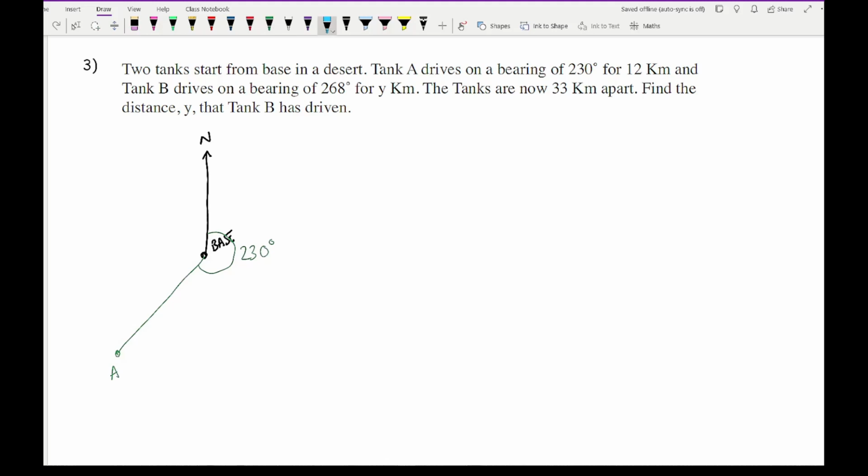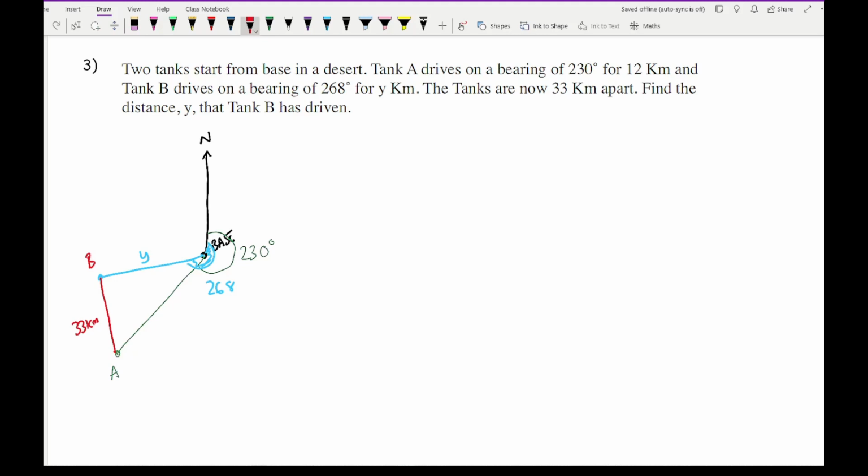So that's going to be pretty much there, and it's traveled y kilometers, and that angle there is 268 degrees. And that's where tank B is, and it also says they are now 33 kilometers apart. So in terms of taking the diagram out of the question, that's what we do get.